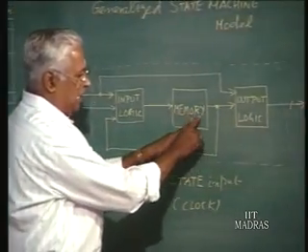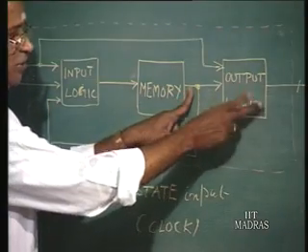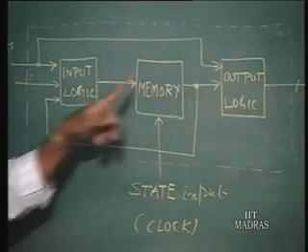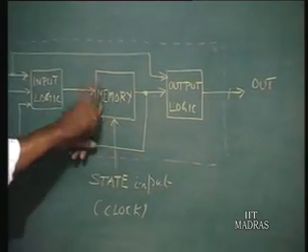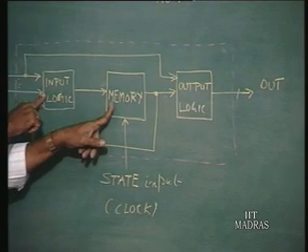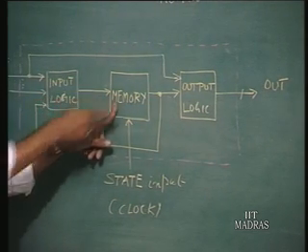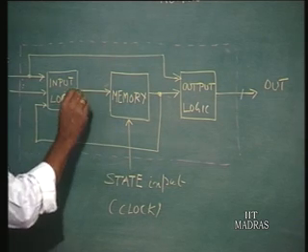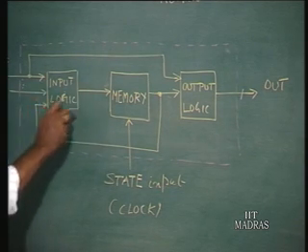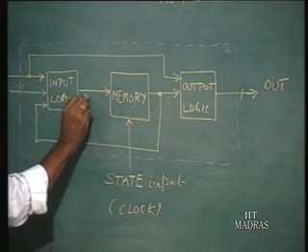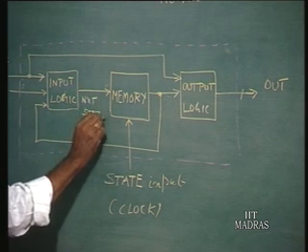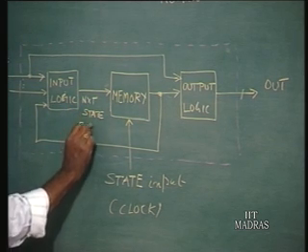Given the state A, the output logic helps generate some output, and in state A it checks for input and decides what must be the next state. So this particular part is performing a next state function.